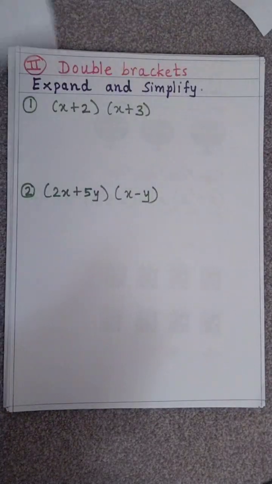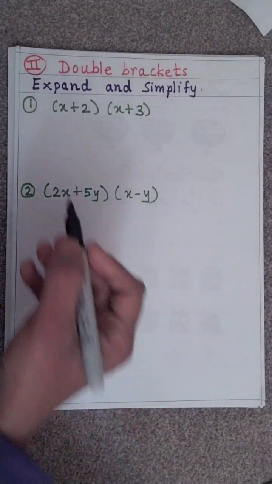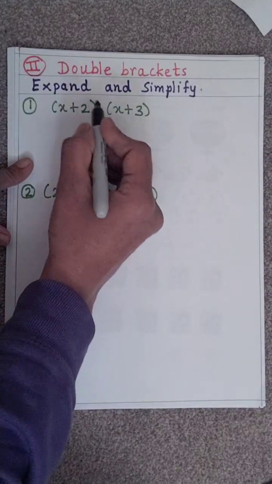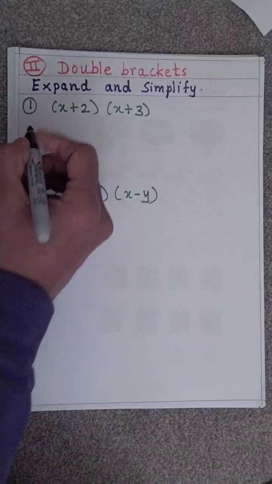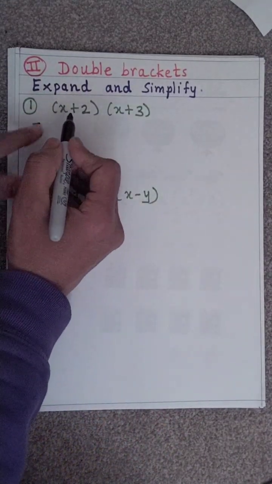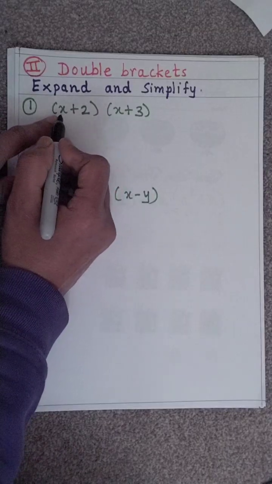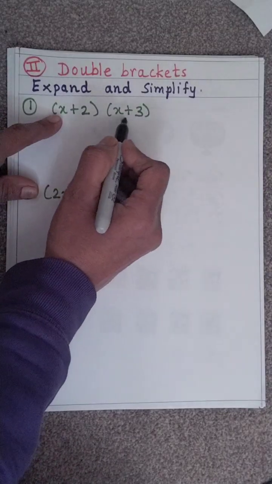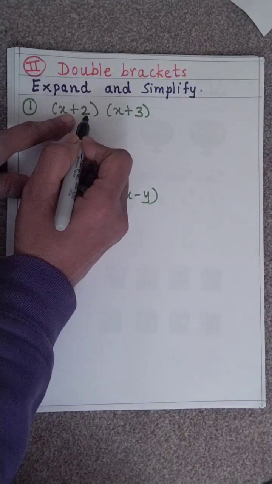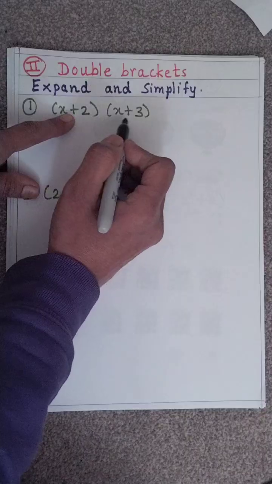Okay, now we will go for double brackets. There are two brackets now here. x plus 2 times x plus 3. Put is equal to. Now in this case we take from the first bracket x and multiply with this second bracket. Then we put plus sign. Then take 2 and multiply by these two terms.